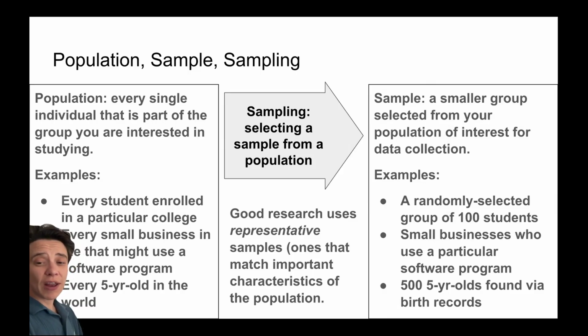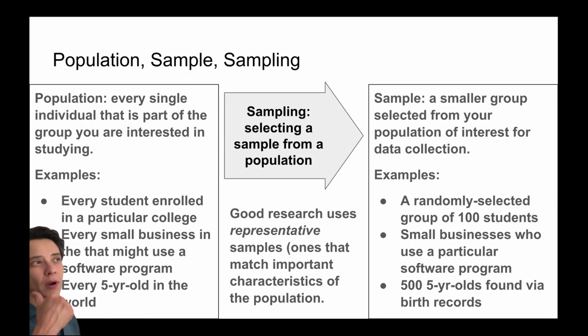The thing is, we usually are not going to be able to, even if we wanted to, gather data from that entire giant group. So instead, when we're doing research, we try to get a good representative sample. A representative sample is one that matches important characteristics of the population you're interested in studying.